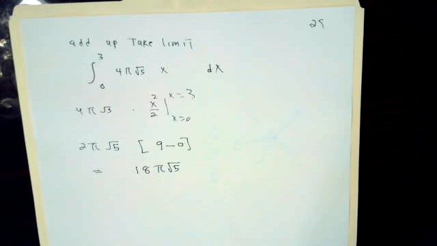Even though it's kind of strange looking, 4 times pi times square root of 5 is a constant, so pull it out of the integral. Antiderivative of x is x squared over 2. Cancel a 2 out. Evaluate at 3 and 0, and when the dust finally settles, the lateral surface area of that cone is 18 times pi times radical 5.